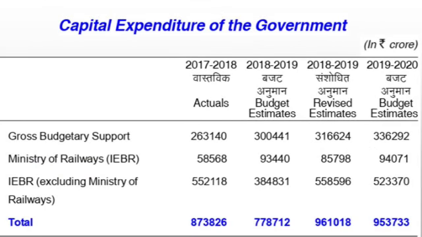See friends, capital expenditure consists of three components. One is the gross budgetary support. That means the government of India commits itself through the budget. And if you see, the gross budgetary support has increased over the years.